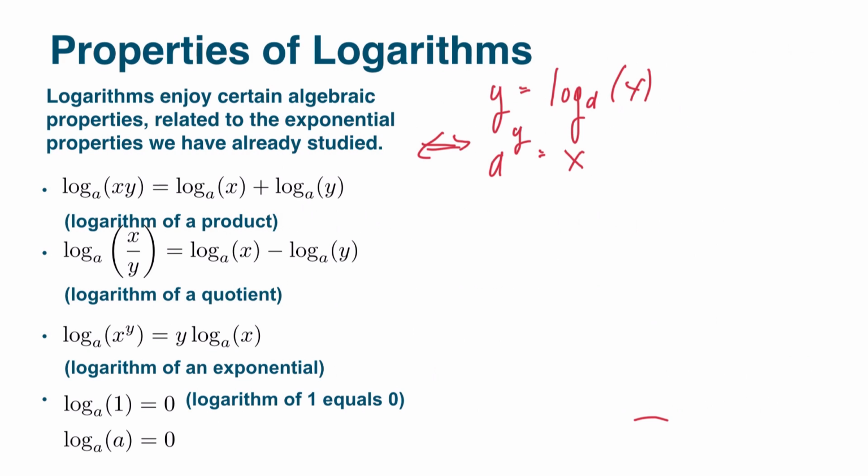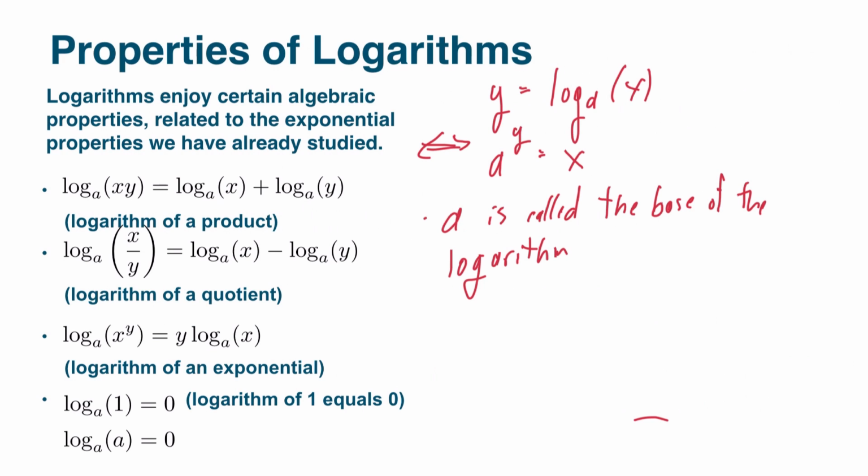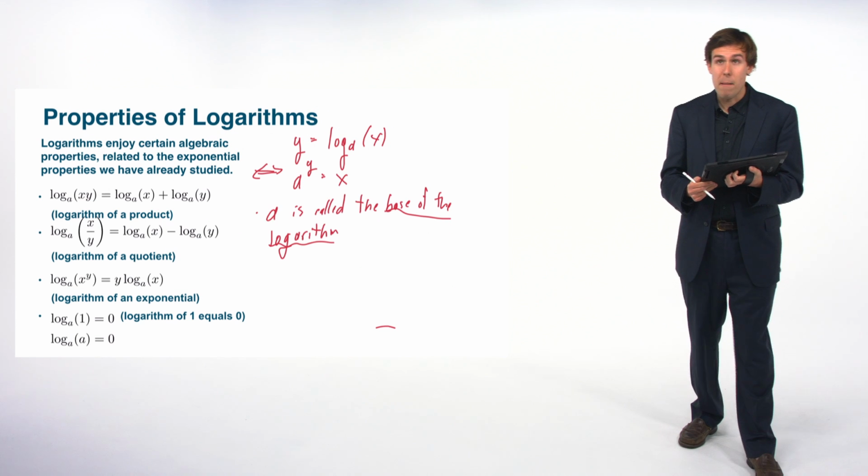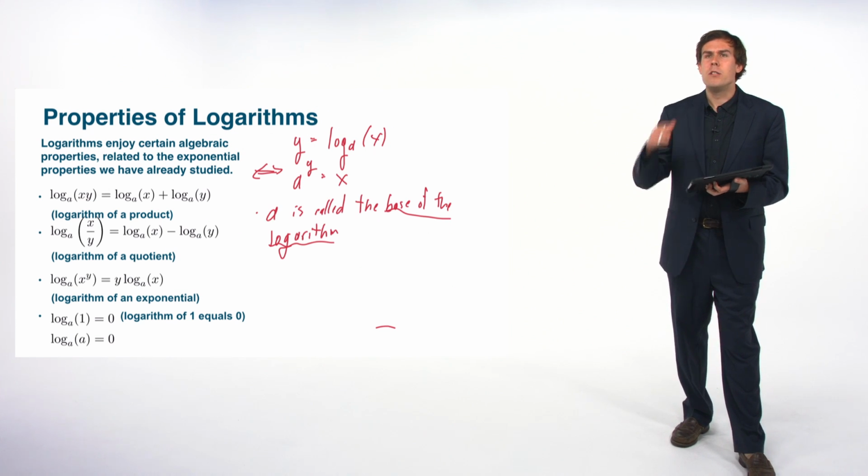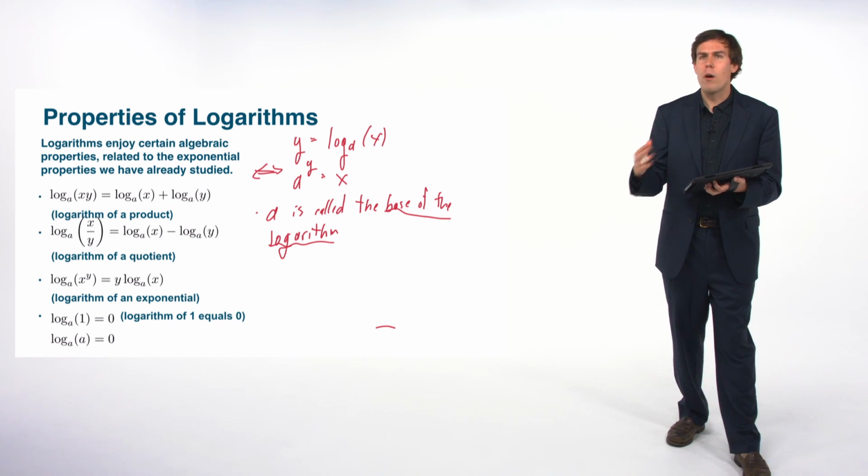So a is called the base of the logarithm. In general, you can pick any positive number to be the base, but certain logarithms are more common than others.